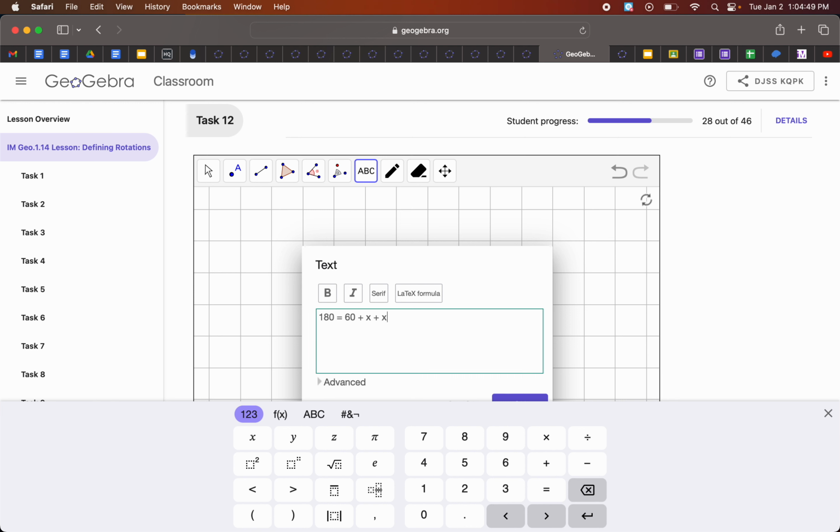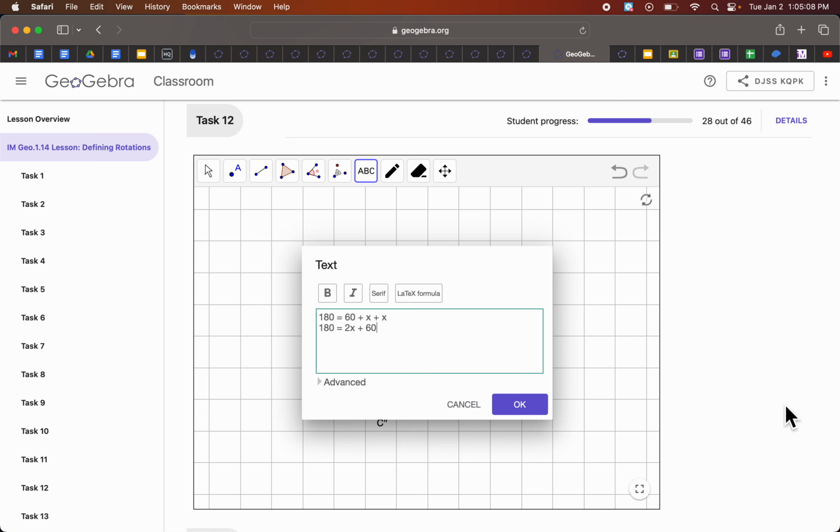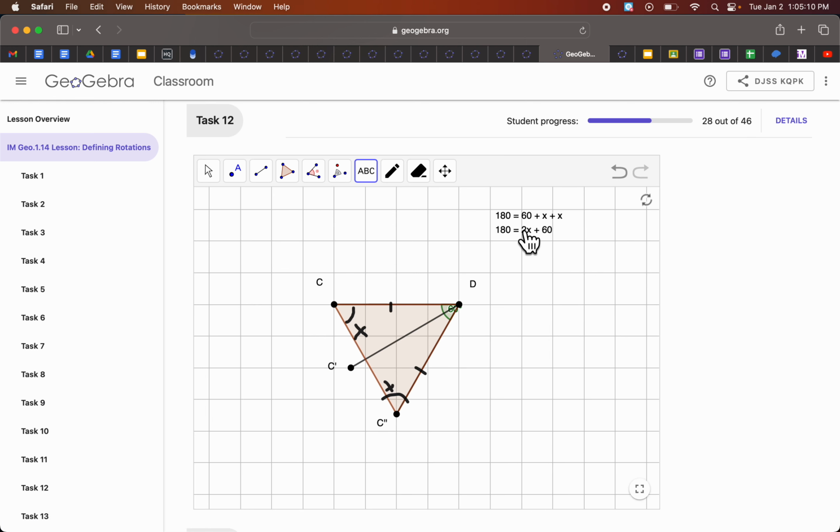So 180 has to be equal to two of those x's, 2x plus 60. There's 1x, 2x's, plus 60.